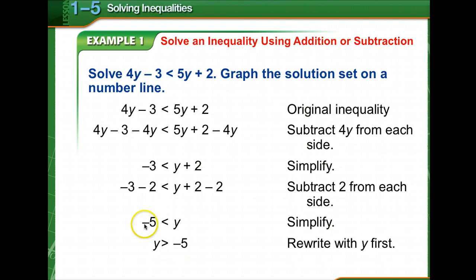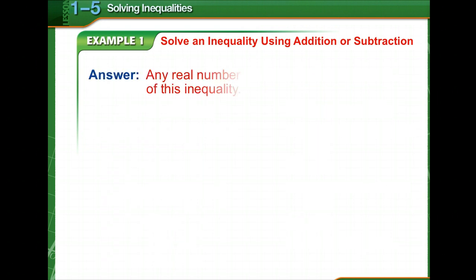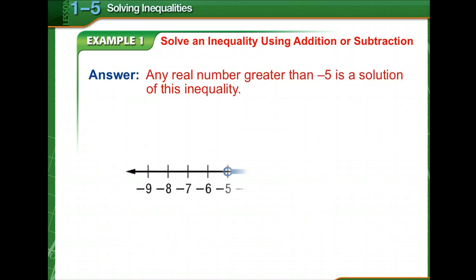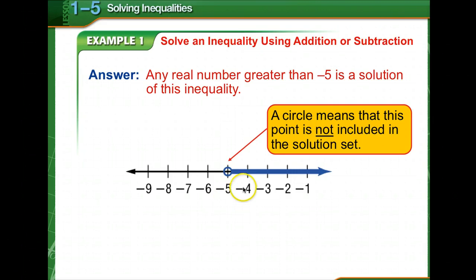So notice negative 5 is still less than y in both circumstances. So any real number greater than negative 5 is a solution of this inequality. Because the inequality was just greater than, not greater than or equal to, it's going to be an open circle. So the point is not included in the solution set.